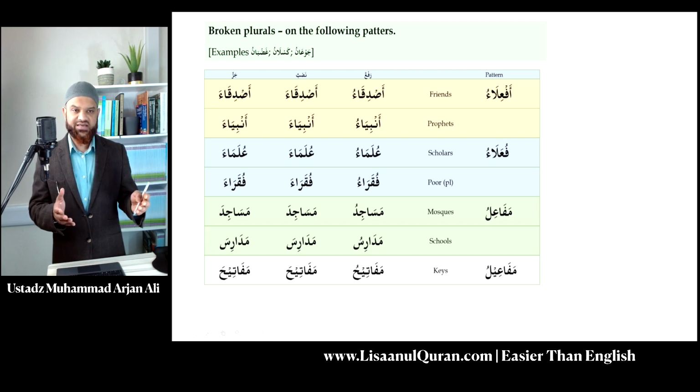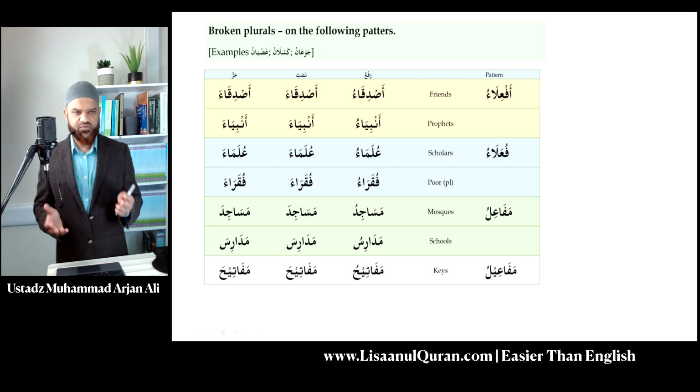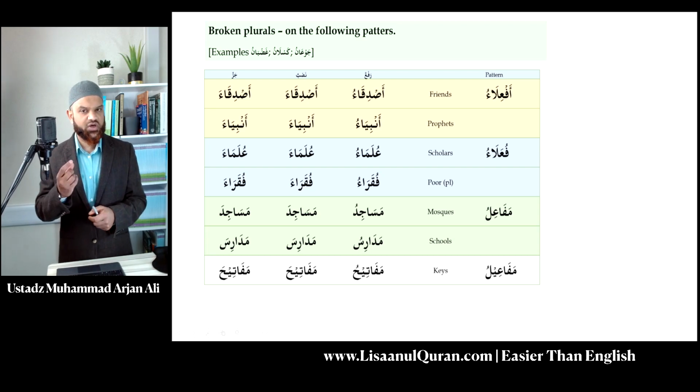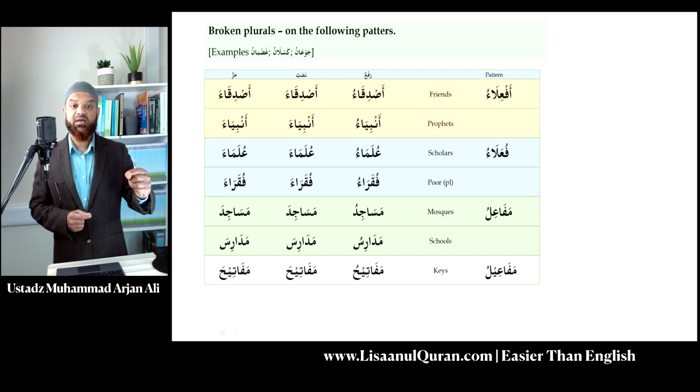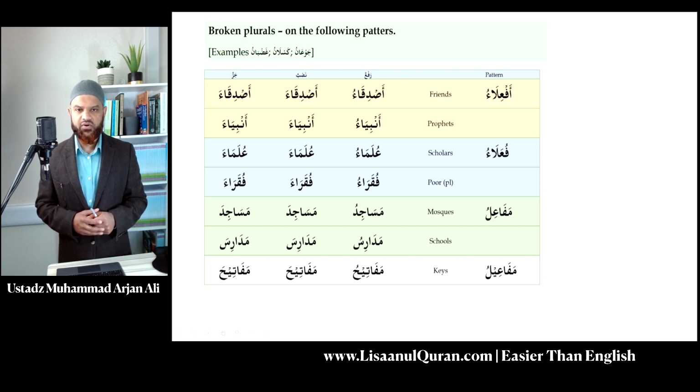So you have as an example the names of, for example, prophets, anbiya'u, anbiya'a, anbiya'a. Nabiyun is a singular, anbiya'u, anbiya'a, anbiya'a, which is prophets, conforms to this pattern. Remember also I mentioned there are multiple plurals of certain words. Well, nabi can be nabiyuna, nabiyina, just like the muslimuna, muslimina, and also conforms to a broken plural pattern.